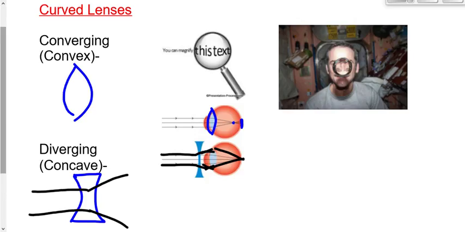So what you need is another convex lens, or another converging lens, in front of your eye, like this, in order to cause the rays of light to converge a little bit before they hit your eye lens. It's kind of a double whammy for the light, right? It's not converging enough because of my eye lens, so we cause it to converge a little bit by an artificial lens in front of my eye, and then the eye lens can do the rest of the work to cause it to converge on my retina. Does that make sense?